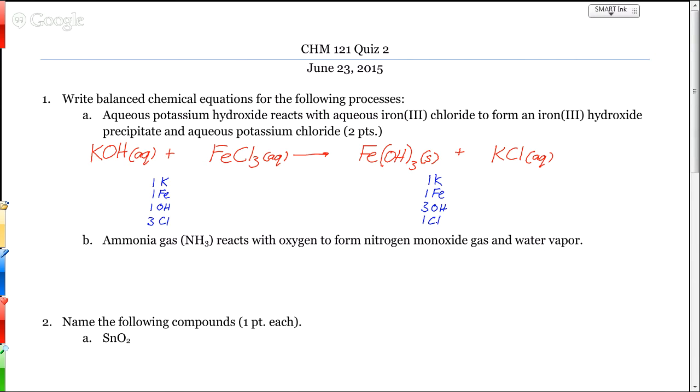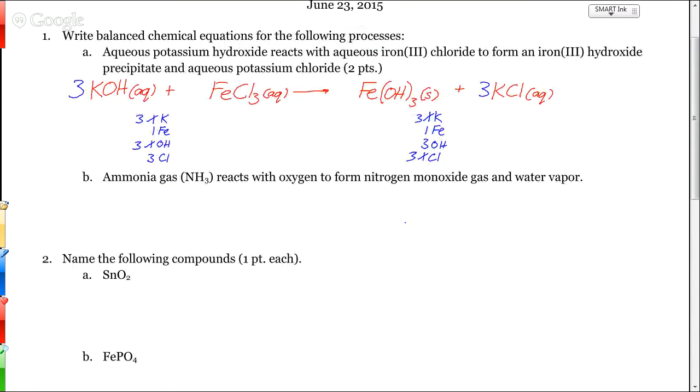So we can start with, let's say, OH. We've got 1 on the left, 3 on the right, so we'll make 3 here. That's going to change to 3 of these and 3 of these. And that means we now have to balance the potassium, and I think it's now balanced, yeah? All right, great.